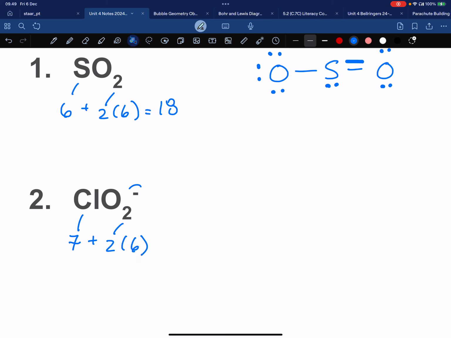Now that is a negative charge, and remember, electrons are negative. So I'm going to add an electron to the overall number. So 7 plus 2 times 6 is 12. So 7 plus 12 is 19, plus 1 is 20 valence electrons.